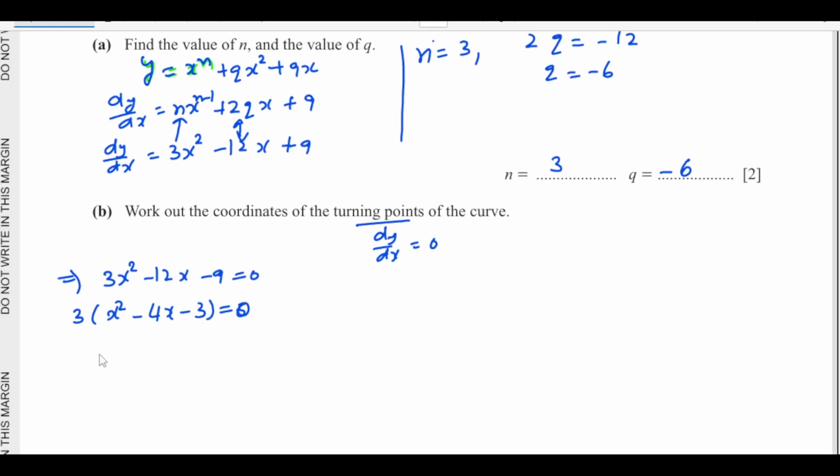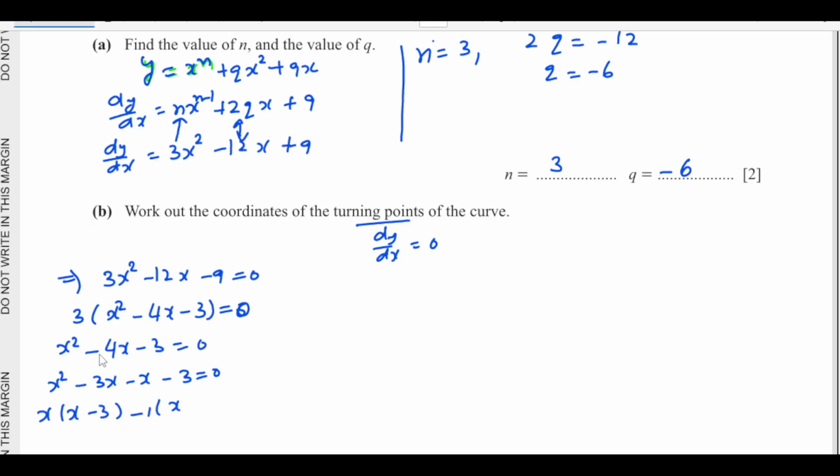So we have x squared minus 4x plus 3 is 0. So x squared minus 3x minus x plus 3 is 0. So x into x minus 3 minus 1 into x minus 3.